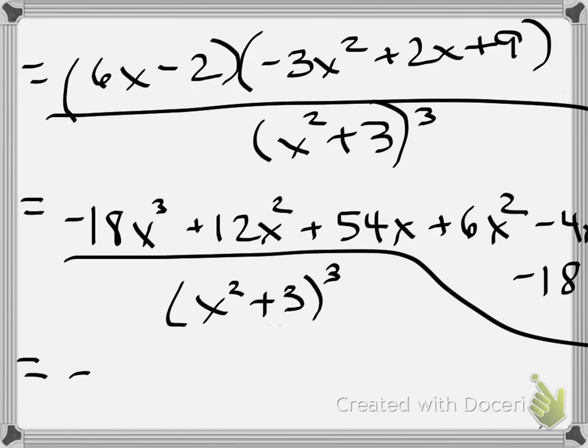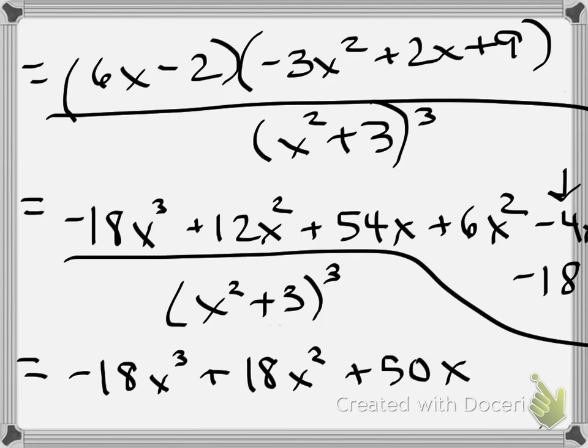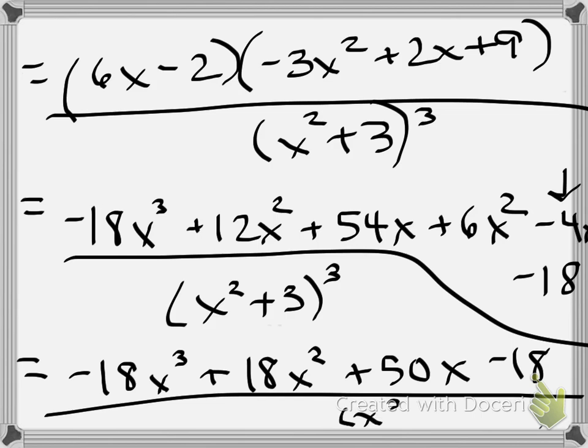So that is negative 18x to the third plus 18x squared. This is a 4x here. So plus 50x minus 18 all over x squared plus 3 cubed.